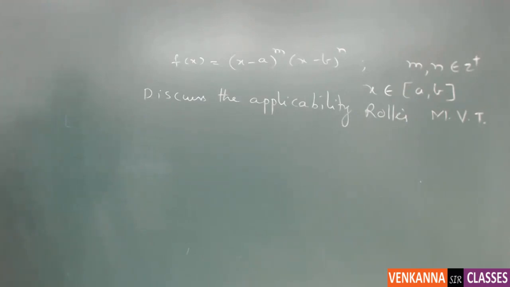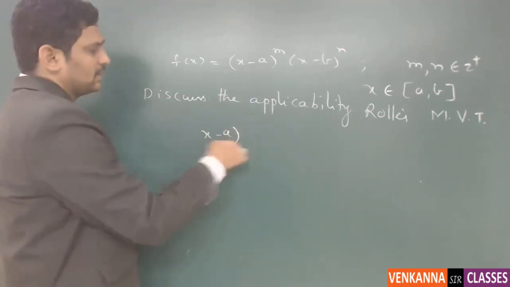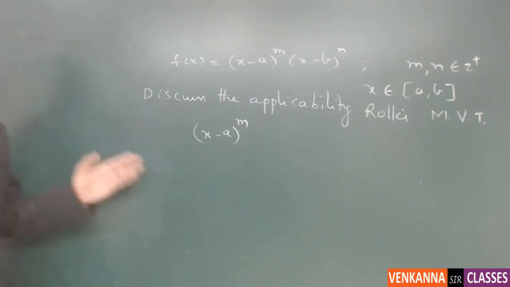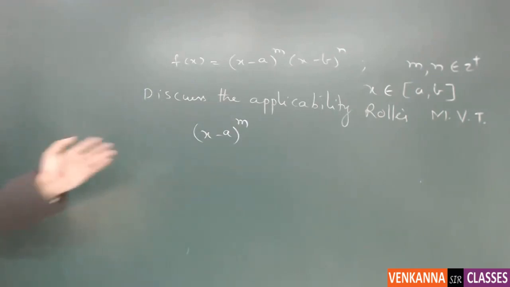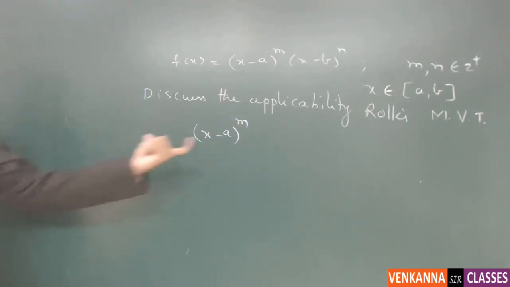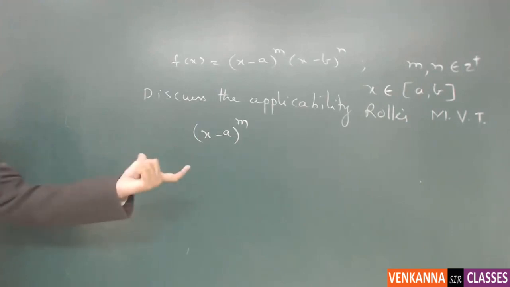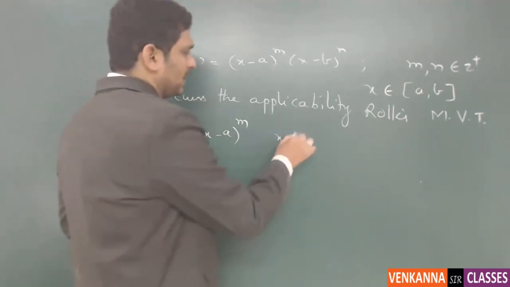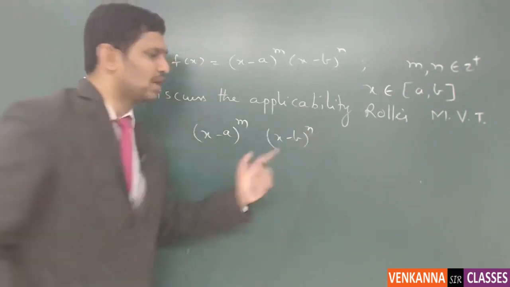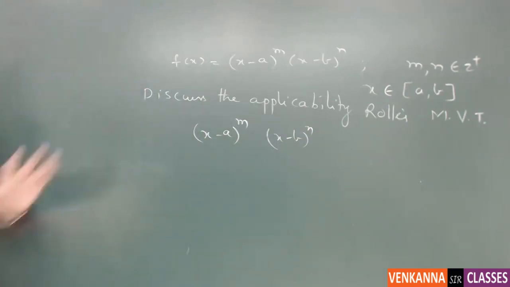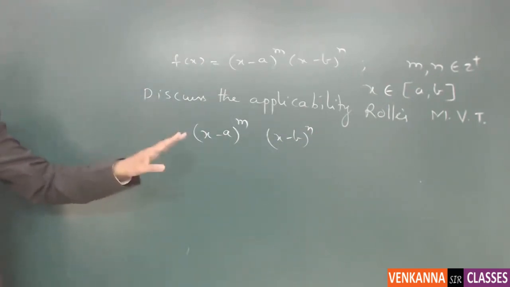Right. Now let us begin with checking the conditions. We have x minus a whole power m, which is a polynomial if we expand it by means of the binomial theorem, and x minus b whole power n is also a polynomial. Every polynomial is continuous on the number line.